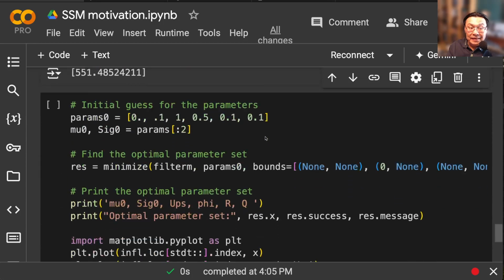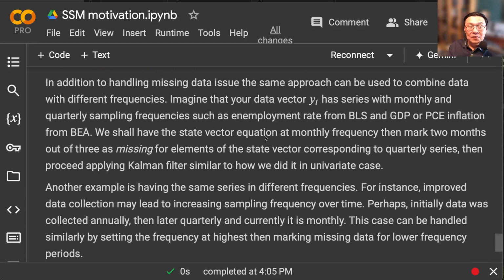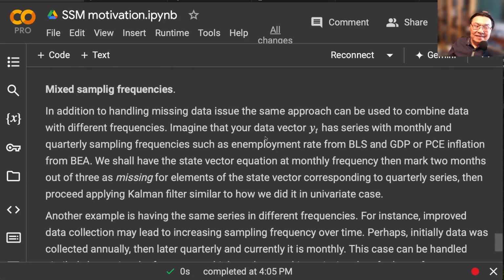Now, this missing data approach can actually be used for mixed sampling frequency. So think about two situations. Think of this: you have a data set where you collected, let's say, GDP and unemployment. Unemployment is published by the Bureau of Labor Statistics, BLS, monthly, while GDP is published by the BEA, Bureau of Economic Analysis, quarterly.